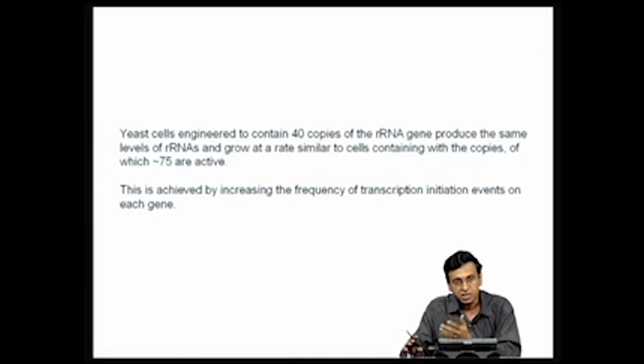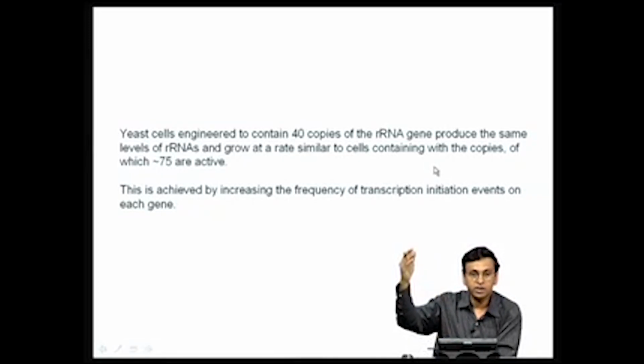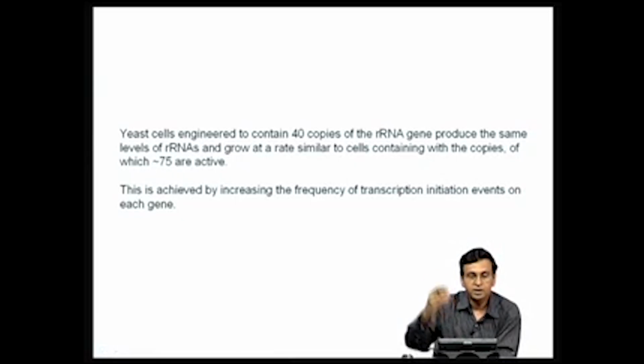There are very interesting experiments which have been conducted to actually study rRNA transcription. For example, yeast cells were engineered to contain 40 copies of rRNA genes instead of the normal 75, and they asked the question: do they produce the same level of rRNA? That is, if you reduce the number of rDNA copies, does the rRNA transcription also go down or does it remain the same?